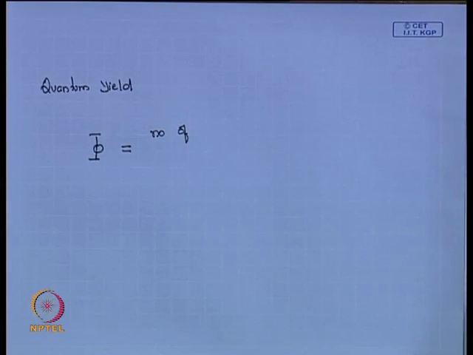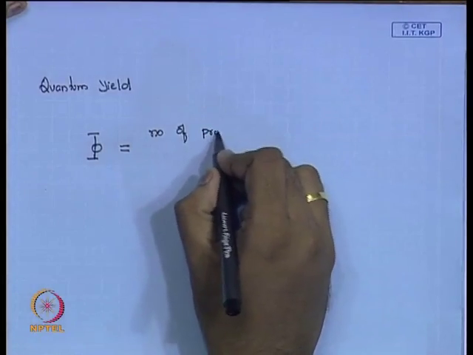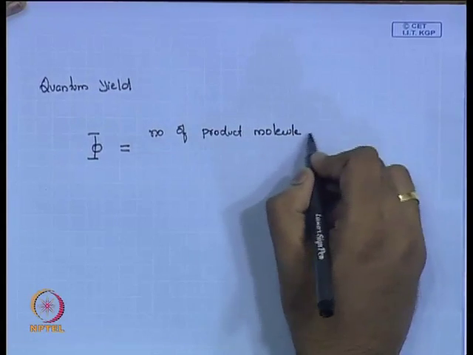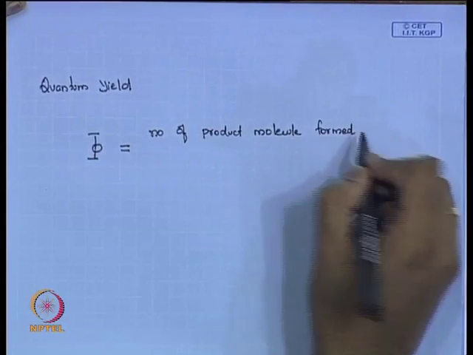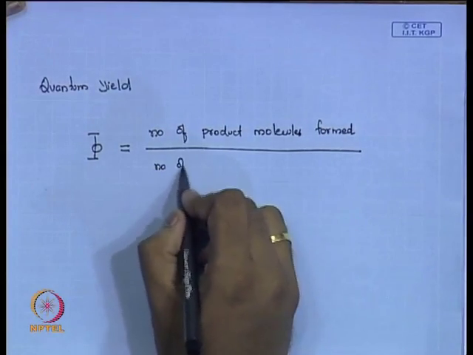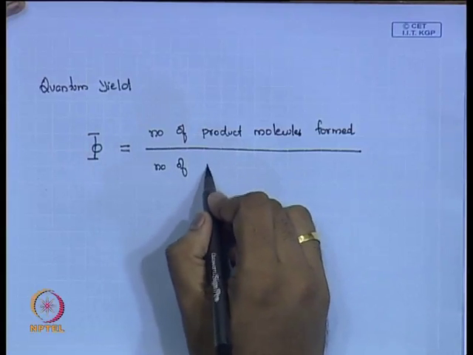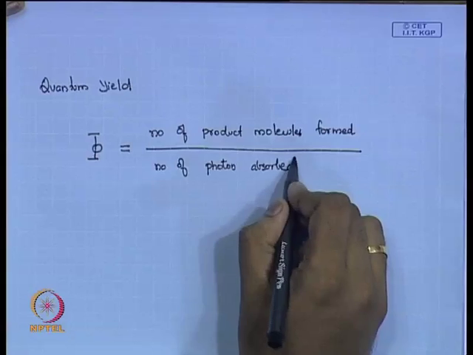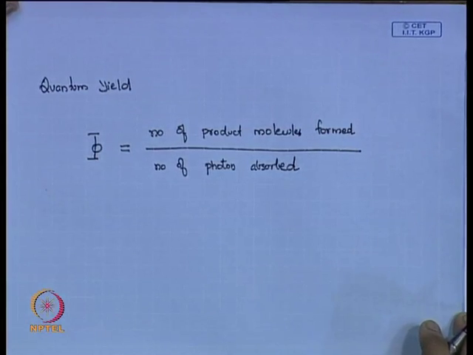You can also calculate the quantum yield with respect to your substrate. But if I have 2-3 products, it is better that I calculate with respect to my product, right. So, number of product molecules formed divided by number of photons absorbed. That you call quantum yield.